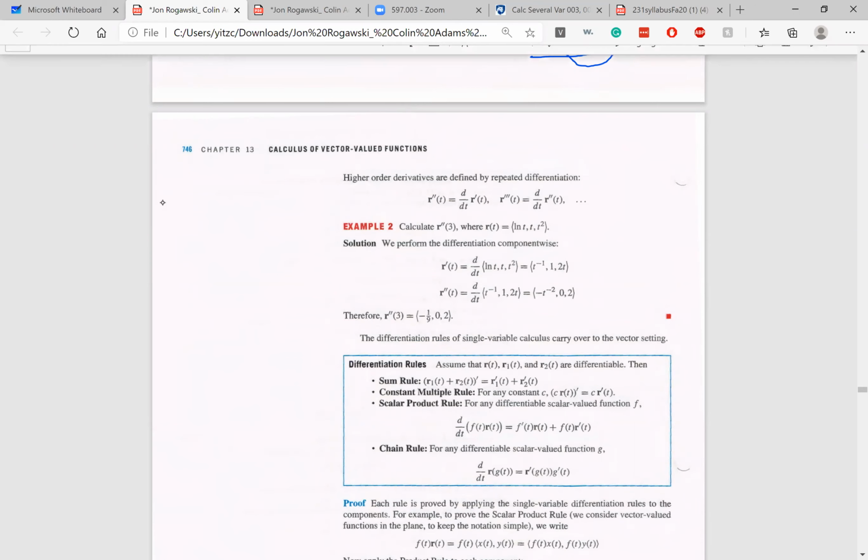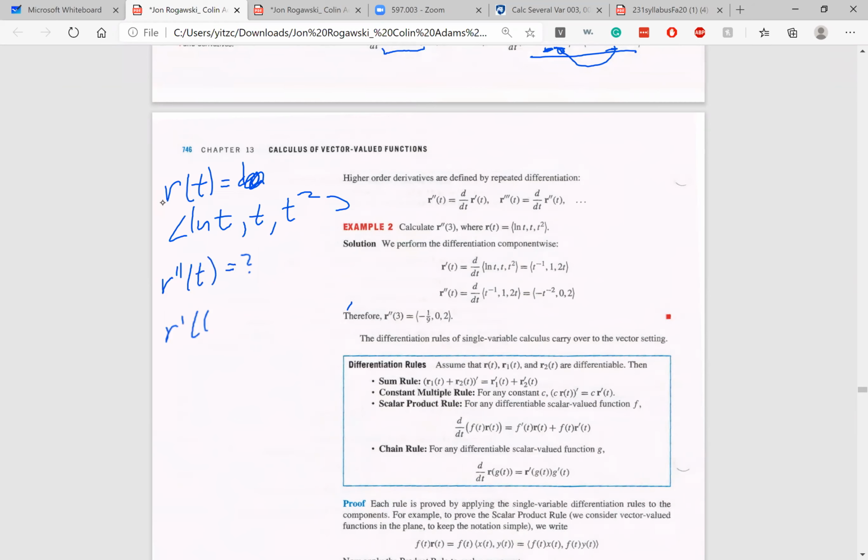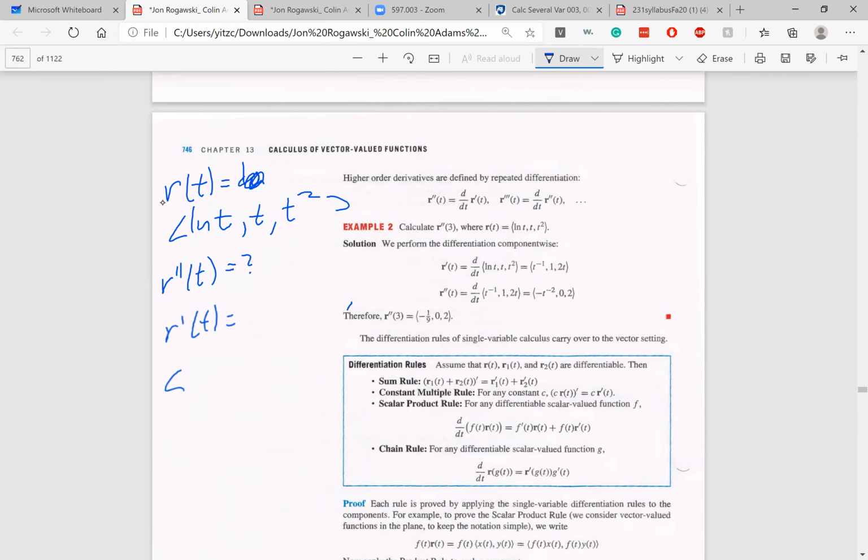Okay, so now we can also take the second derivative of a vector. So here they have r of t equal to, the first component ln of t, the second component t, and the third component t squared. And they want to know what r double prime of t is. So r prime of t is going to be 1 over t, 1, and 2t.